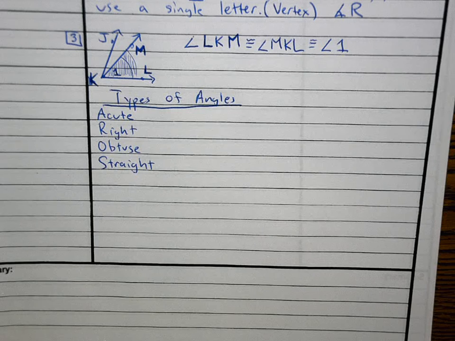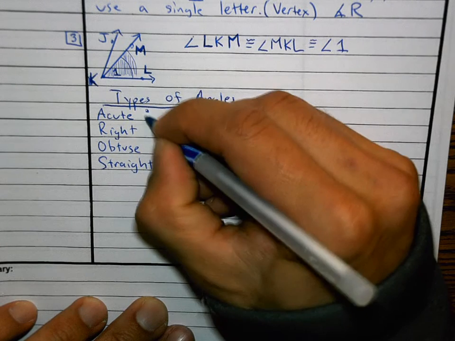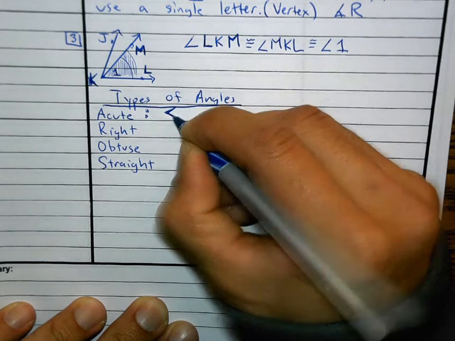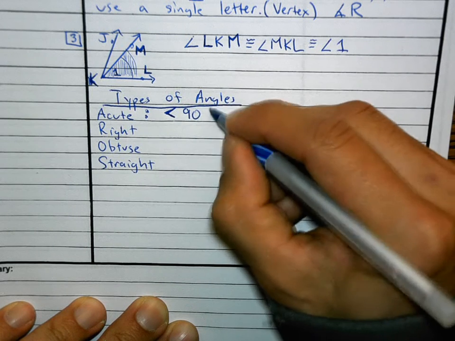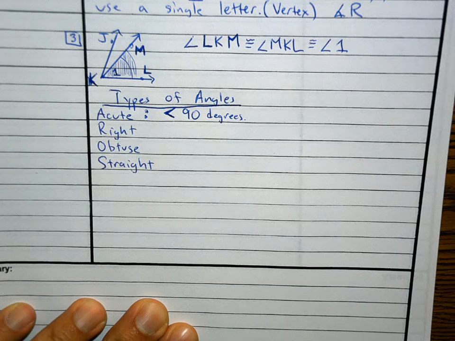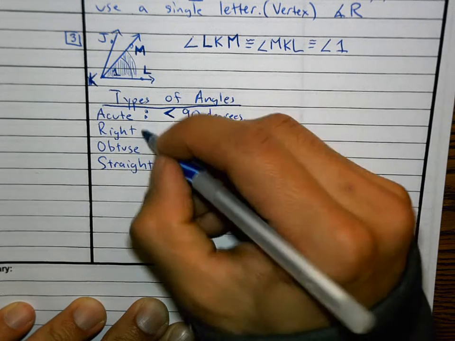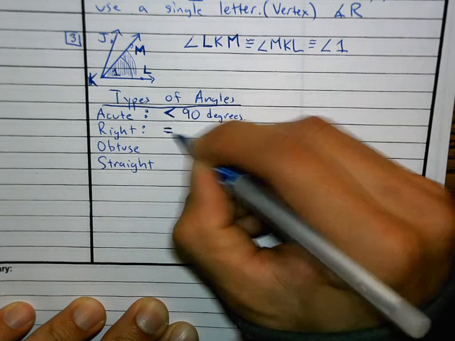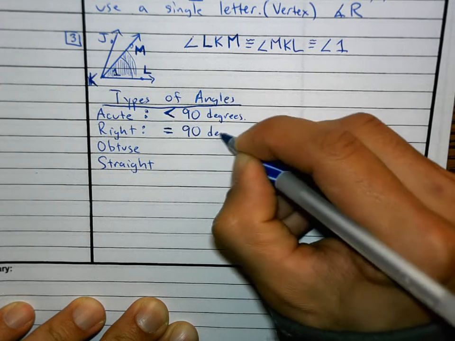It's an acute angle if it is less than 90 degrees. It is a right angle if it is equal to 90 degrees.